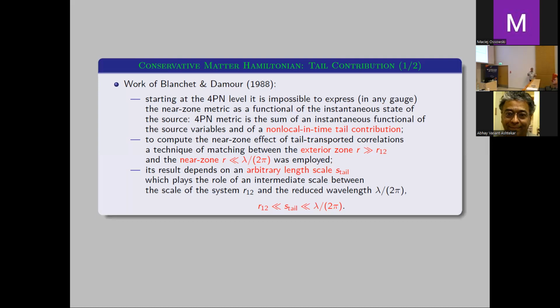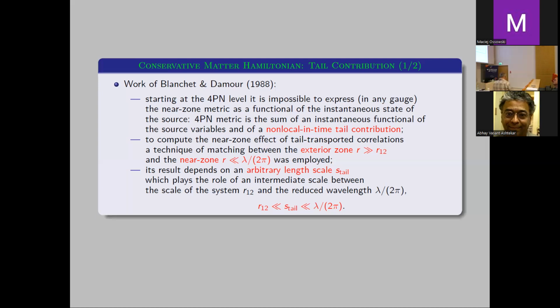This non-locality in time is not very strange, because the interaction of tails with the system depends on the history of the wave, which was scattered somewhere in the space-time, then went back to the vicinity of the source and interacted with it.